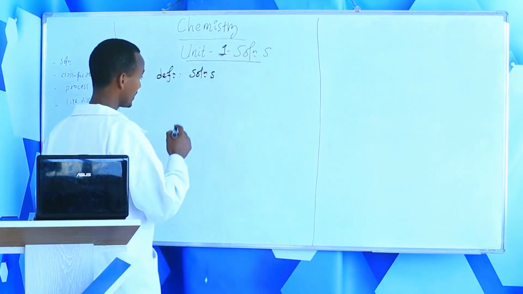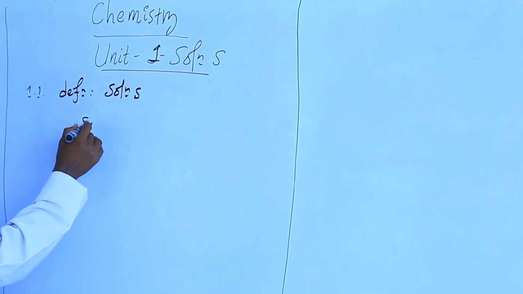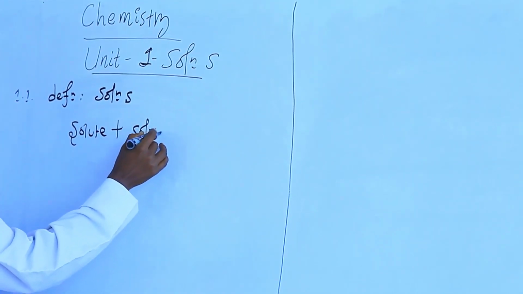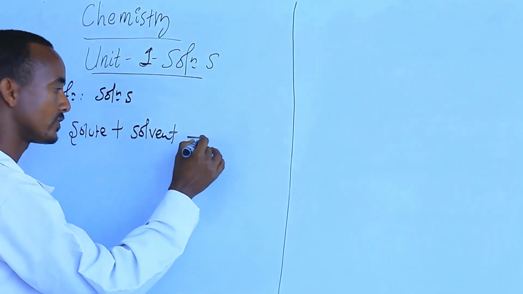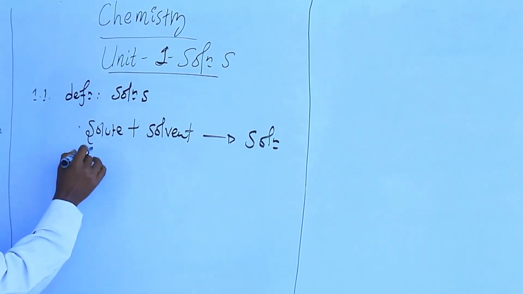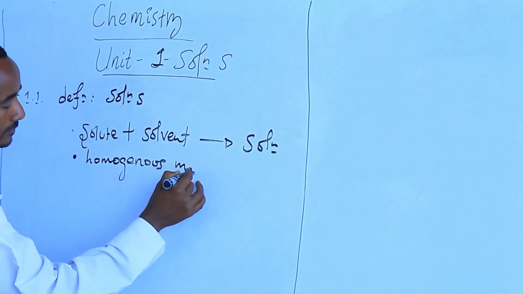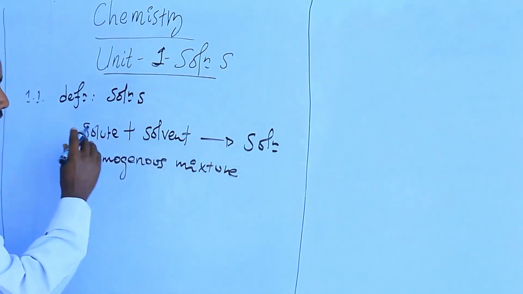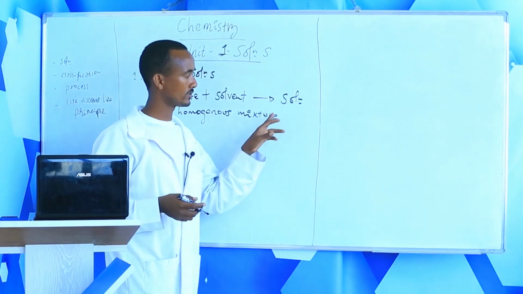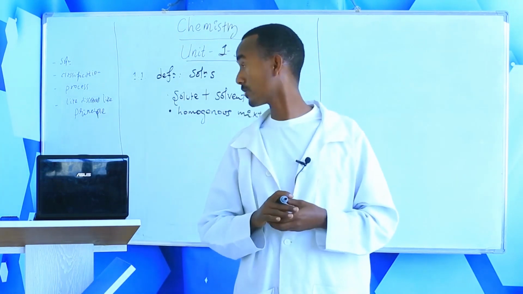So, we can easily define the term solution in this way: solid plus solvent forms a homogeneous mixture known as a solution. Therefore, a solution is the homogeneous mixture of solids and solvents.